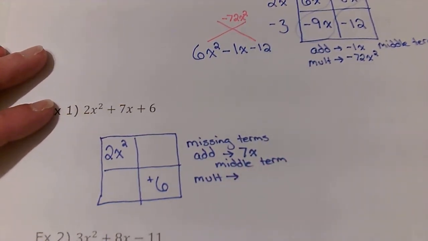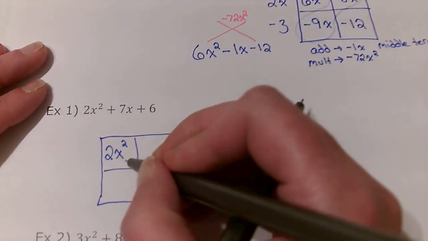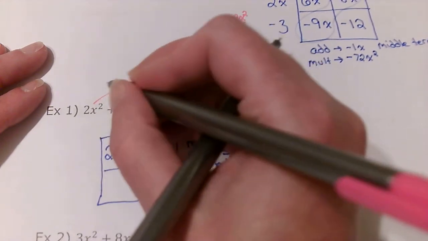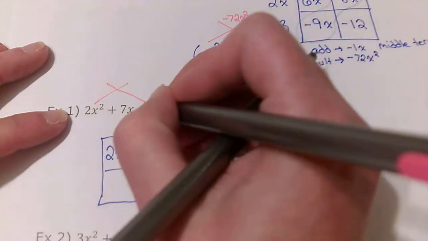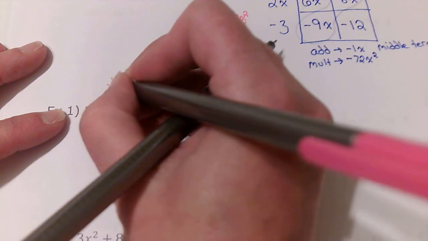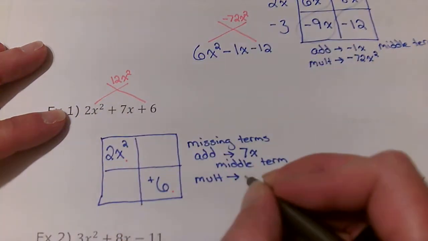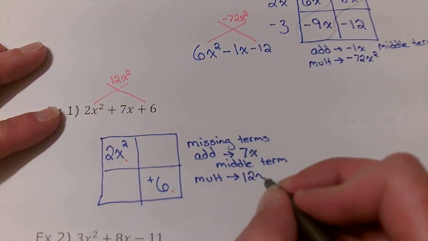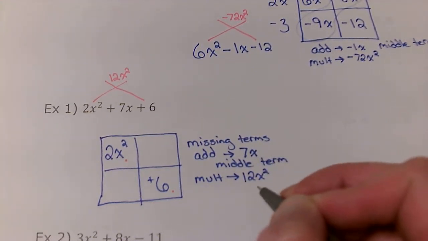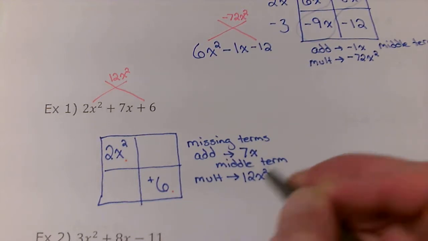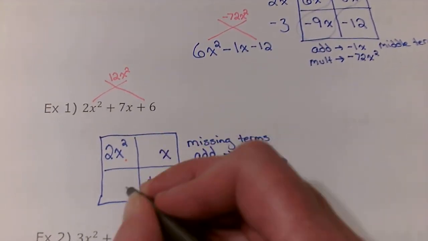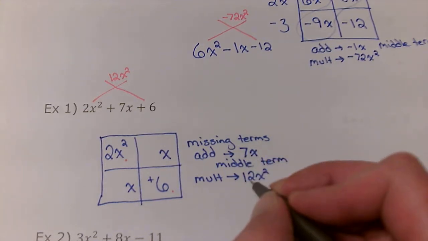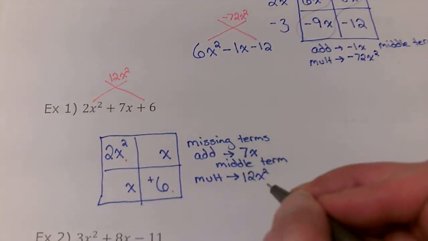So to figure that out, I'm going to take 2x squared times the 6. Some people like to do it up here. 2x squared times 6, so that's 12x squared. So I know these two missing terms are going to multiply, well, really, we're thinking about these coefficients because I know that both of them had an x. That's a given. They multiply to be a 12 and add to be a positive 7.